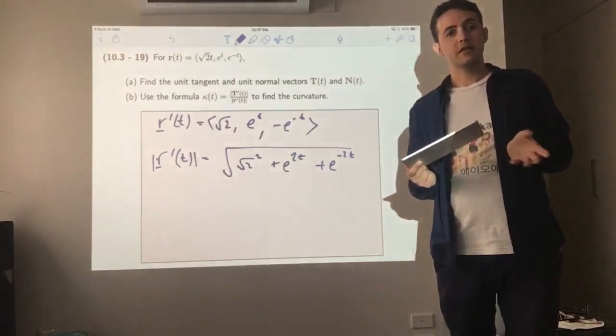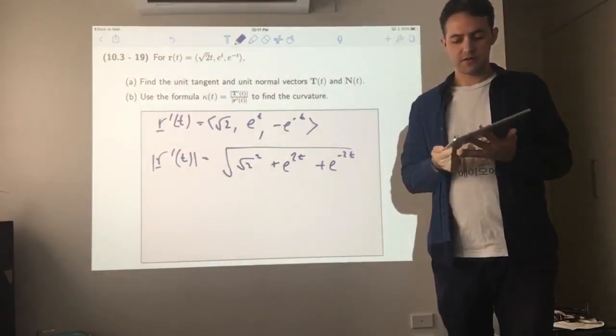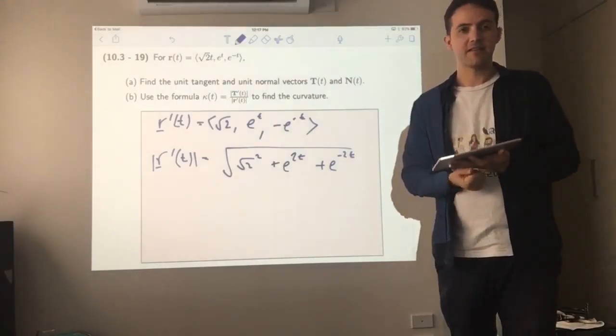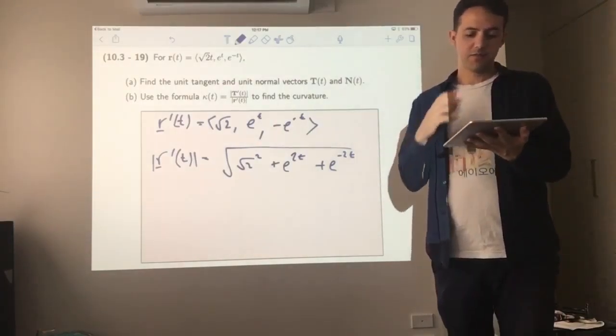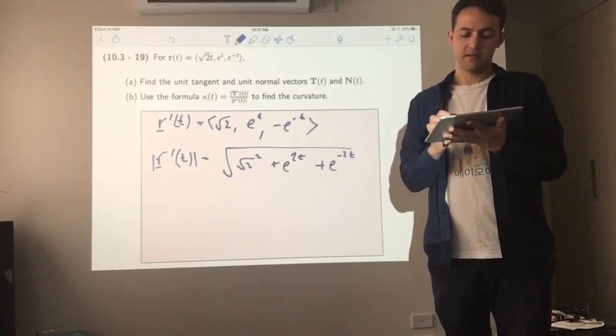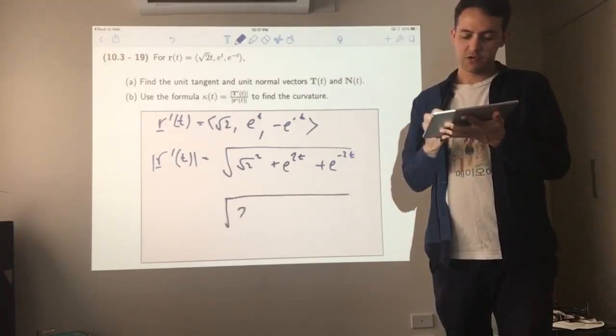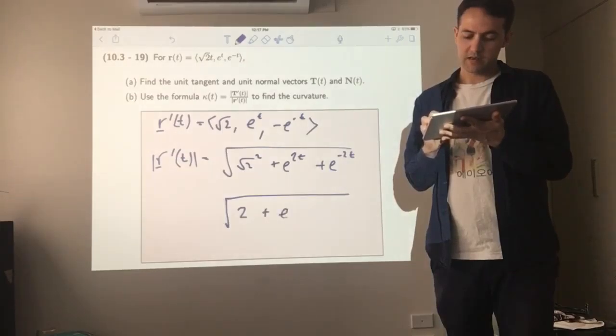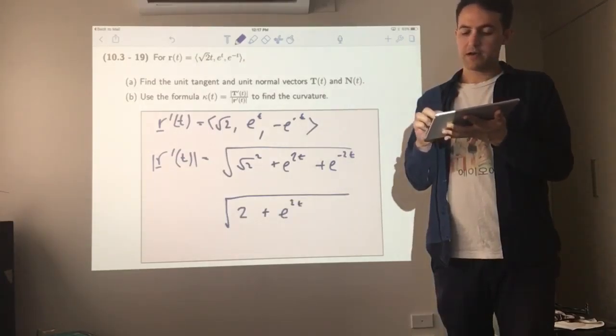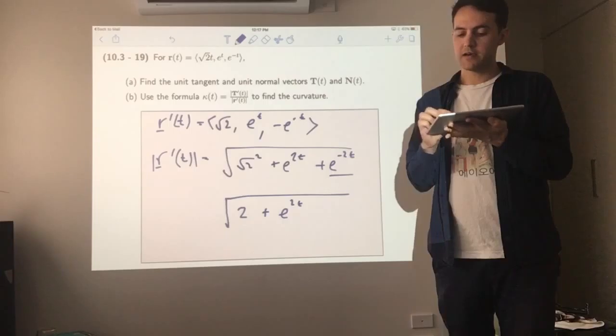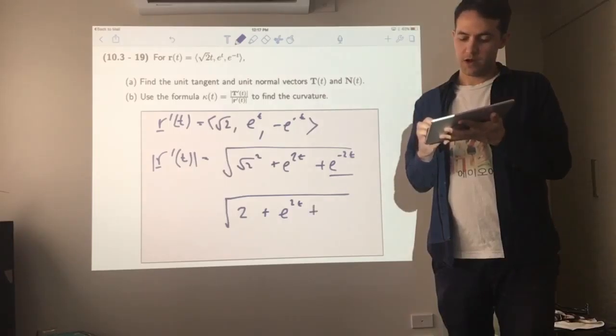Okay, now we had originally assumed that there are not any great common factors here. There actually are. Though probably the easier way to see the common factors is in here. So we get 2 plus e to the 2t plus e to the negative 2t. And remember, this one over here is 1 over e to the 2t.